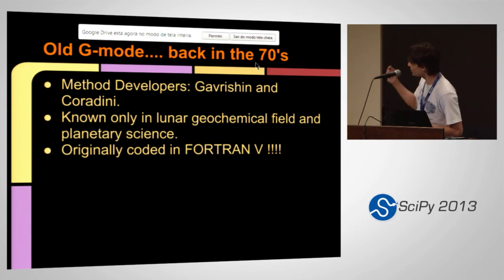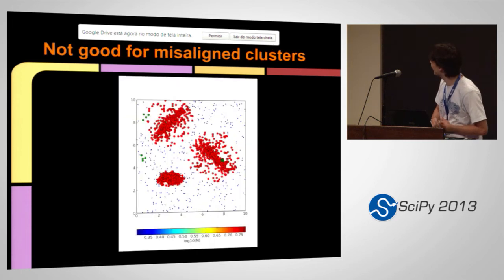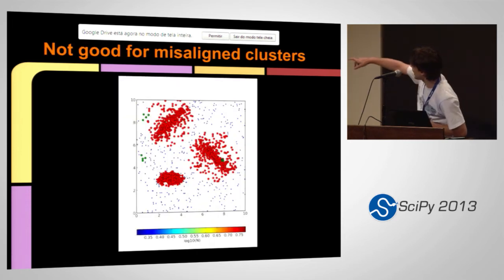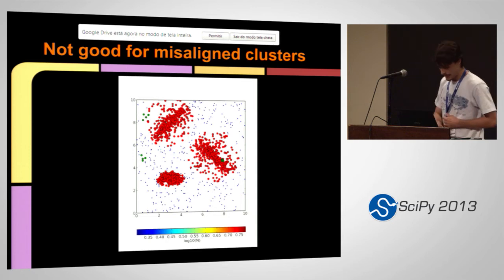And originally it was coded in Fortran 5. I don't even know if it's possible to compile this code. Gmode had no correction for covariance, so misaligned clusters were not well recognized by it.